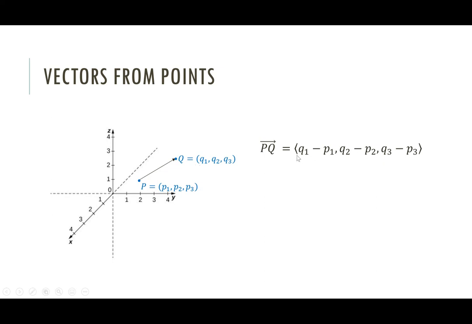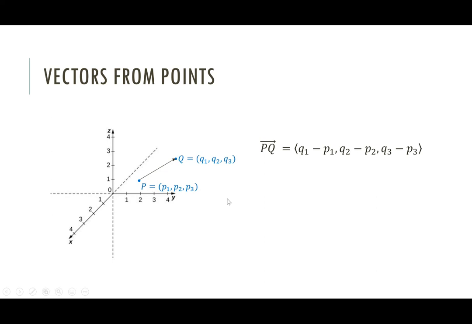And this just comes from the fact that if you're going from P to Q, how far in the x direction do you go? Well, that's going to be where you end up in the x direction, Q1, minus where you started in the x direction, P1. And similarly, how far in the y direction and how far in the z direction? So there you have it.